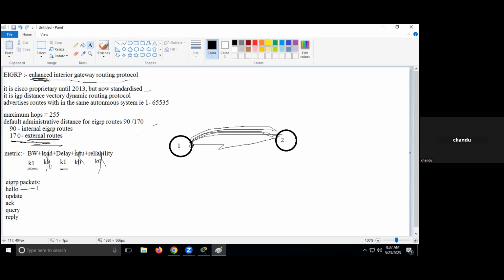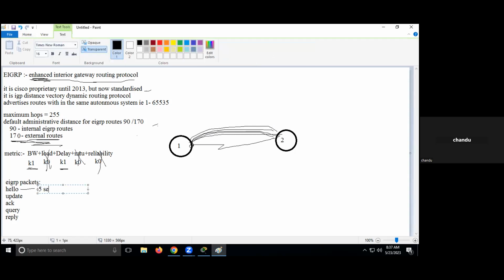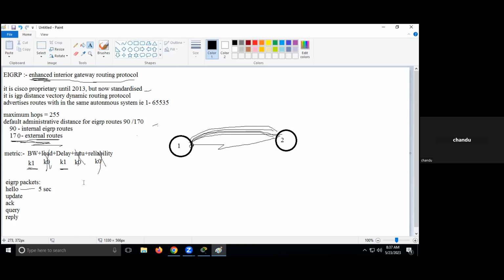Soon after, in router 2 when you configure router EIGRP 1, the autonomous system, and advertise the serial network, the fast Ethernet, or any other interfaces, on every interface it sends hello messages every 5 seconds to every device.